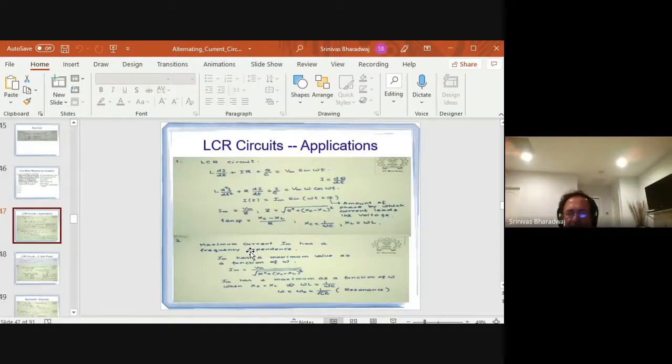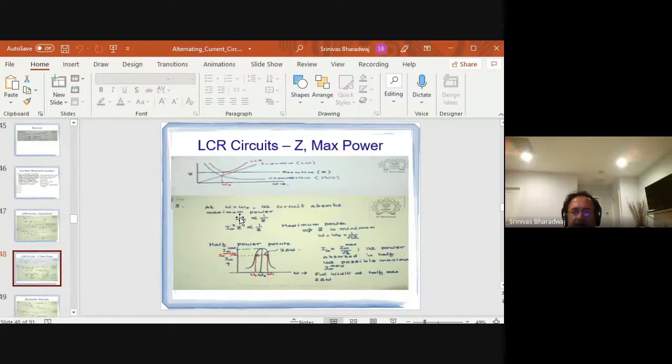So these are pretty much the same set of equations, resonance, etc. You have max power when there is resonance. And when is there resonance? When omega naught equals 1 over square root of LC, right?